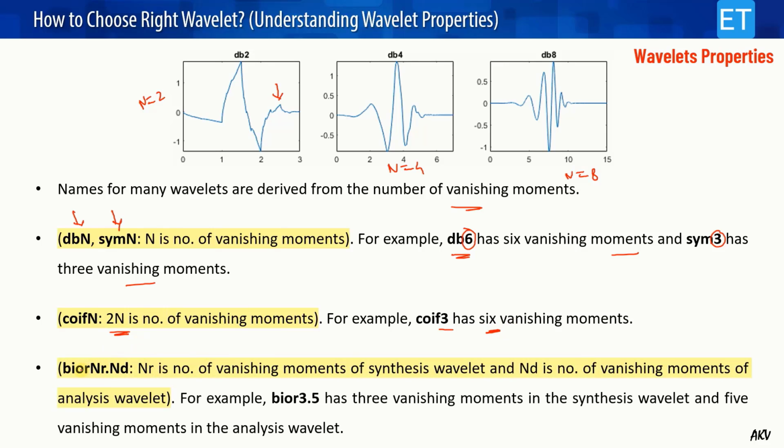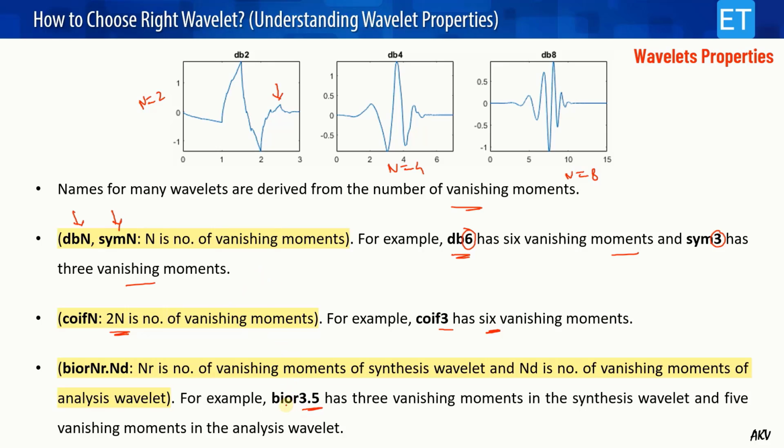Similarly, we have the nomenclature for bi-orthogonal wavelets, but here we get 2 numbers instead of 1, such as bior 3.5. Actually 2 numbers because these are 2 different vanishing moments. Bi-orthogonal wavelets are different from normal wavelets. They have different wavelet functions for analysis and reconstruction.